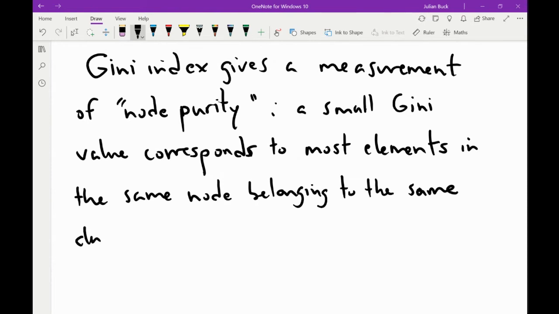So in other words, what it's saying is that the target values as a classification problem at that node are all very similar.